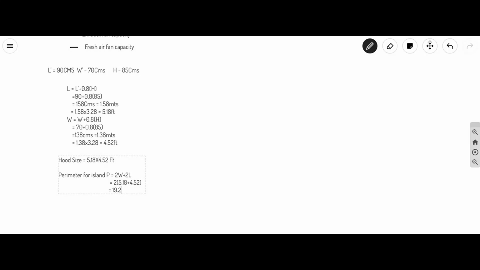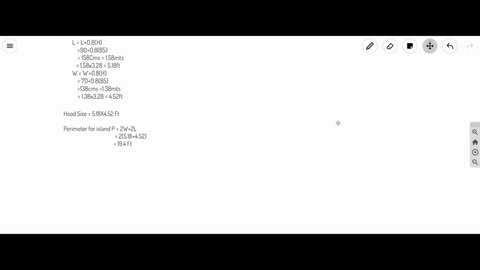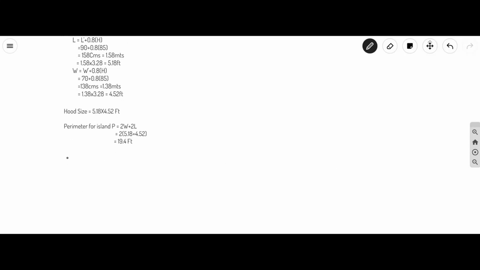19.4 feet. Therefore, exhaust air is equal to 200 into P for heavy cooking, which is 19.4 into 200.